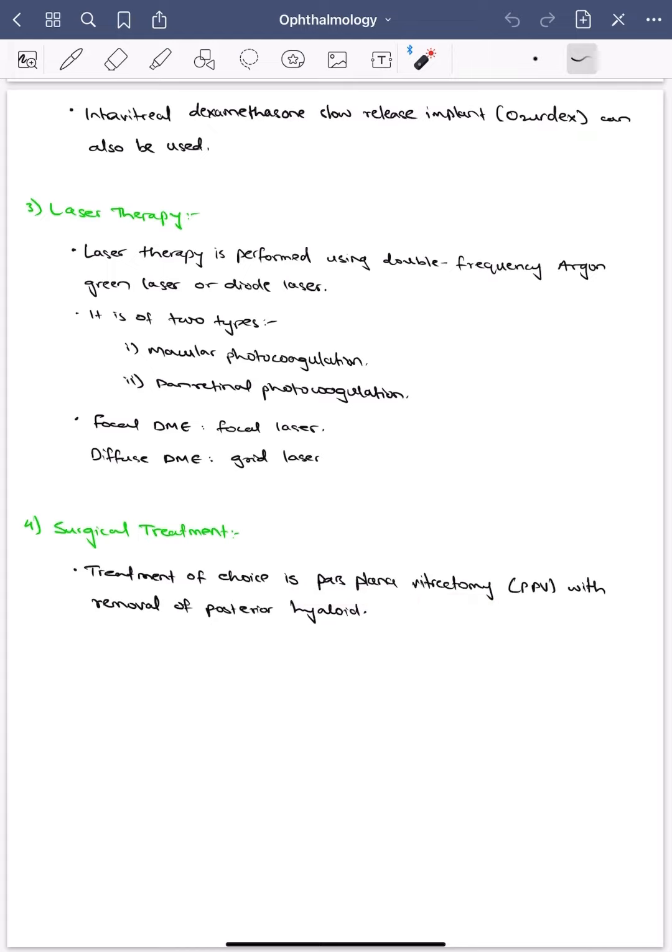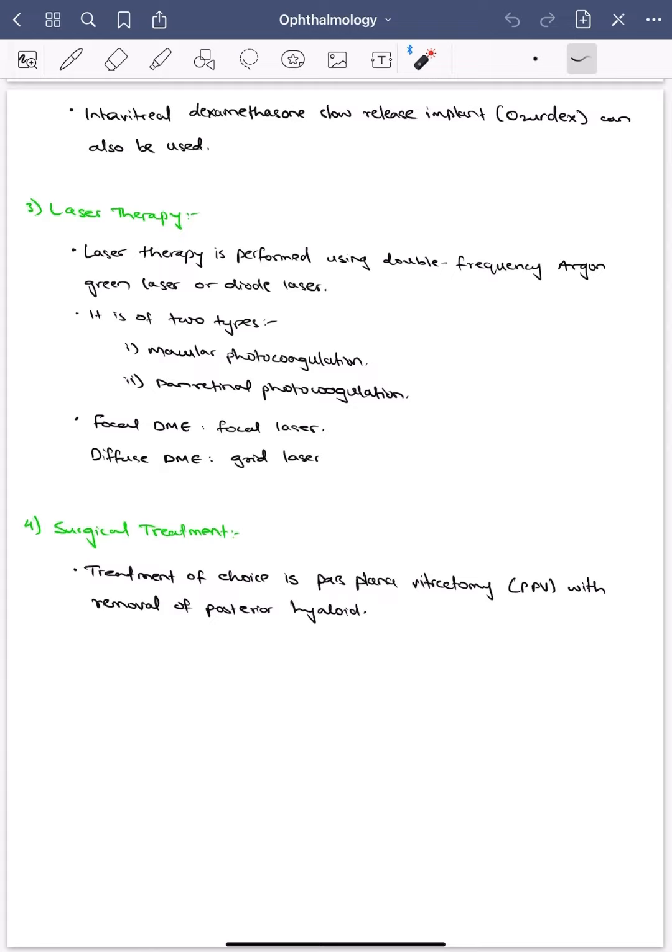So again, in the management we discussed intravitreal anti-VEGF drugs, intravitreal steroids, laser therapy, and surgical treatment. Now the intravitreal anti-vascular endothelial growth factor drugs are bevacizumab and ranibizumab.